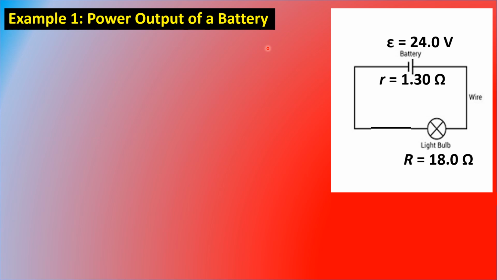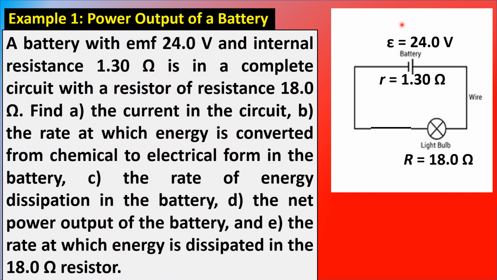Our example number one is about the power output of a battery. As shown in this circuit diagram, we have a battery with an EMF, electromotive force, of 24.0 volts and an internal resistance of 1.30 ohms, and a complete circuit with a resistor of resistance 18.0 ohms.